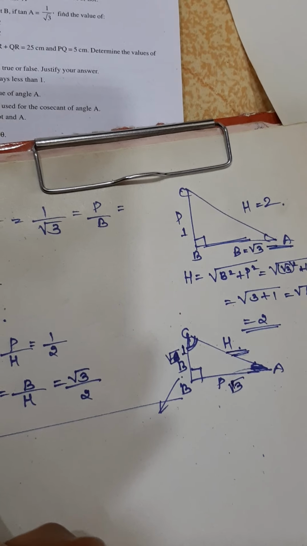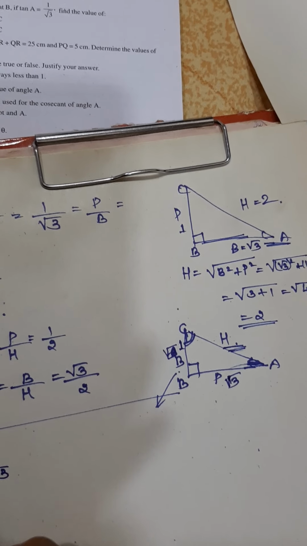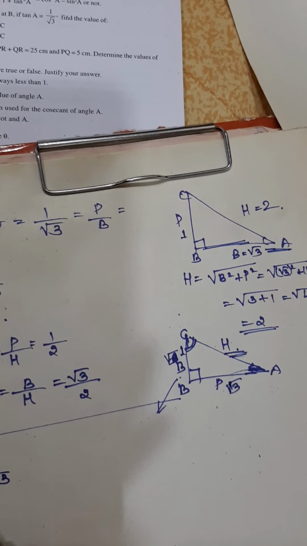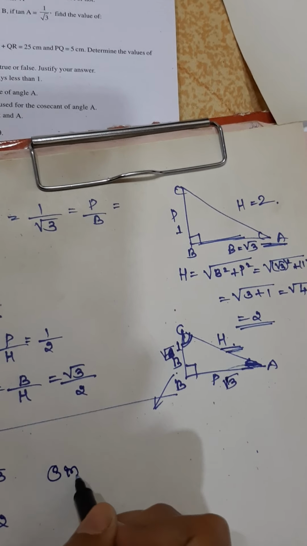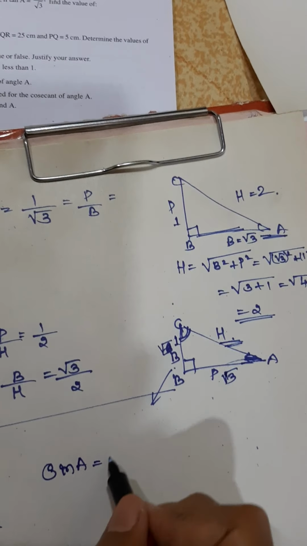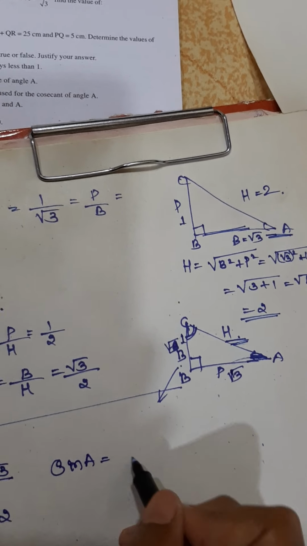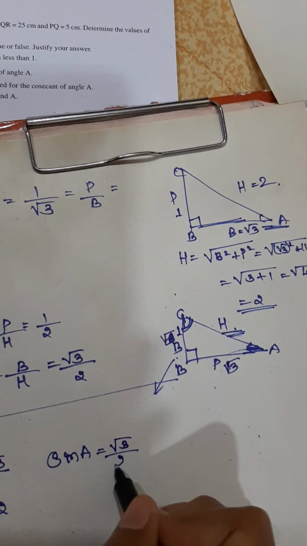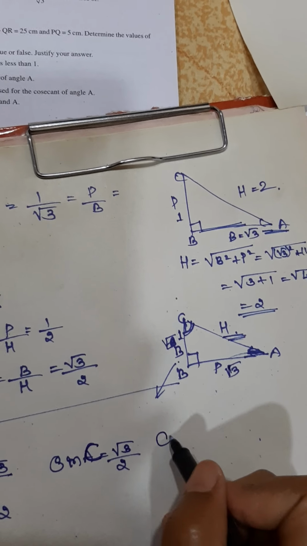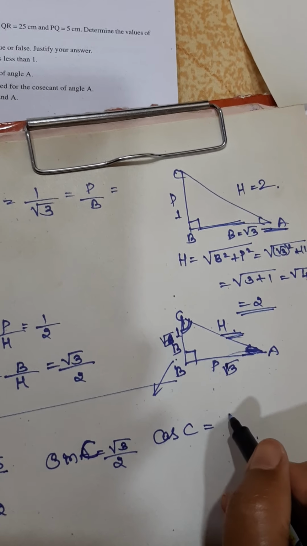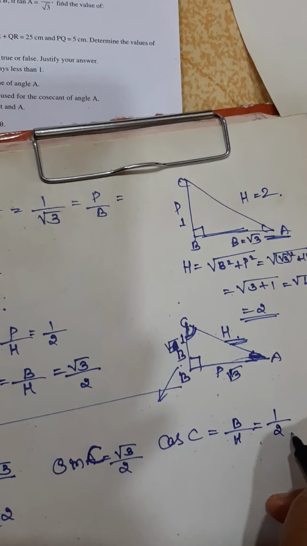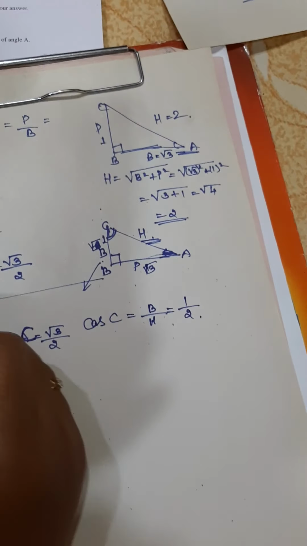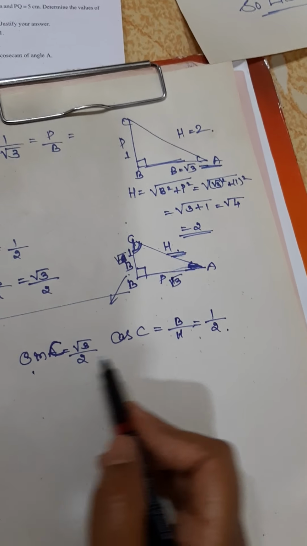So P is equal to root 3, B is equal to 1 and H is equal to 2. Here sin C is equal to P by H, that is square root of 3 by 2. Cos C is equal to B by H. B is equal to 1 and H is equal to 2. Okay, we got sin A, cos A, sin C, cos C.